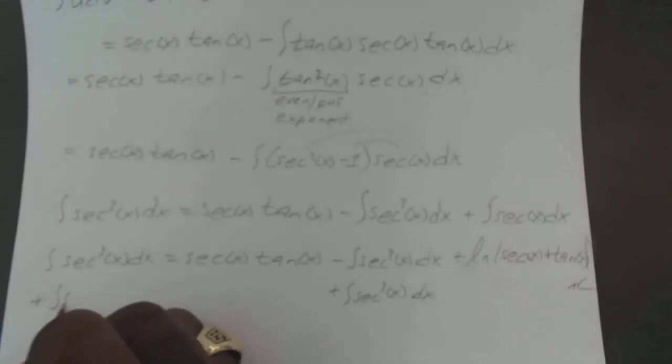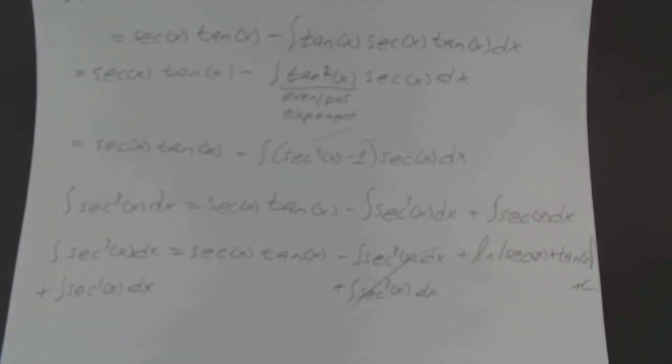So if we add the integral of secant cube x dx to both sides, now that disappears. So actually this does have a reason why it popped up again.